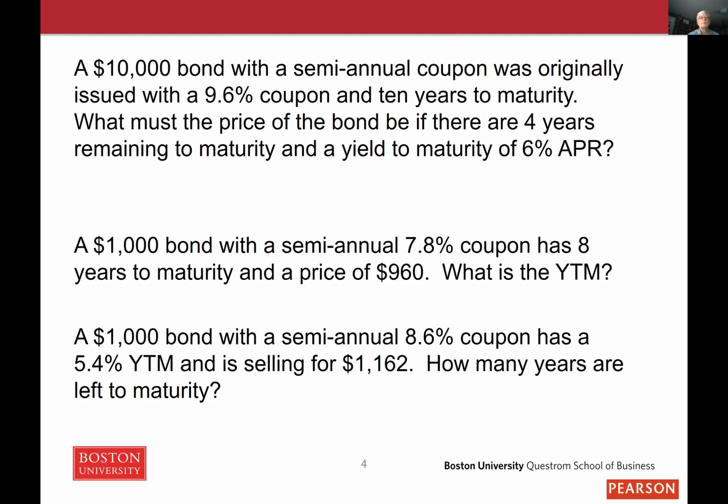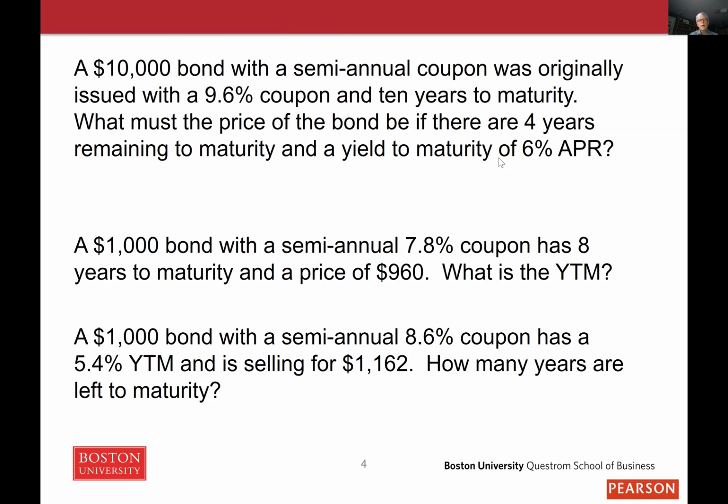Okay, so what I've done is created a range of different types of problems that are intended to sort of cover all the different skills, and some of them I've grouped in one place. So this is all semi-annual coupon bonds.